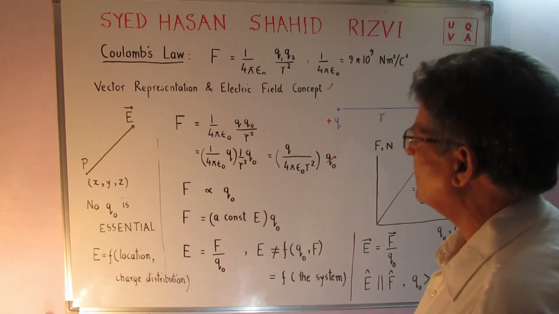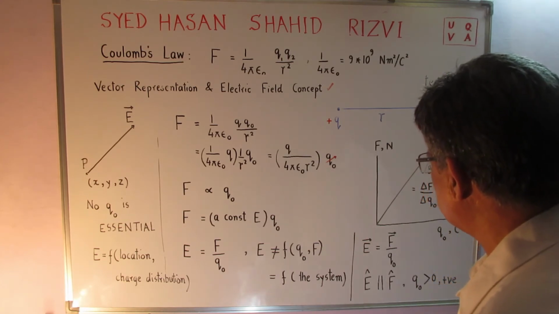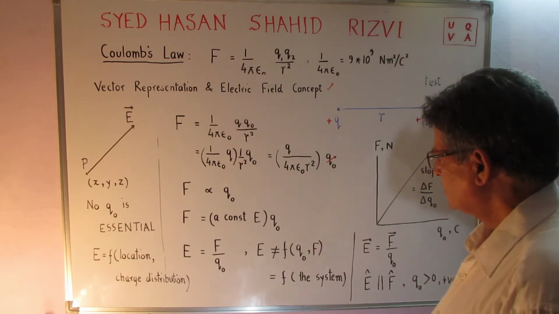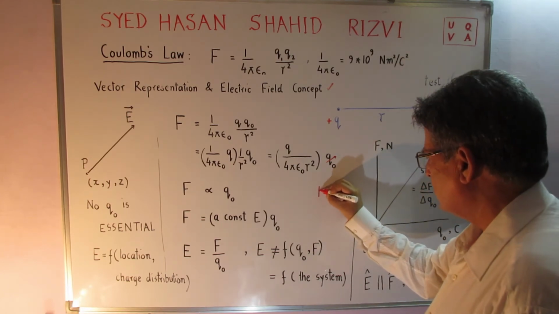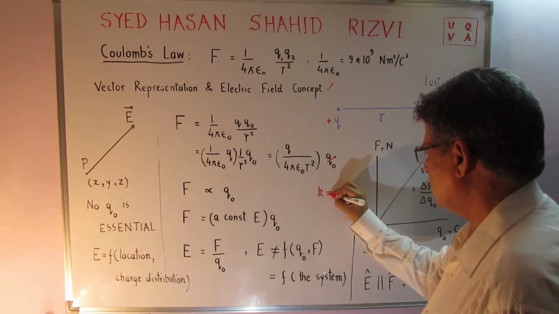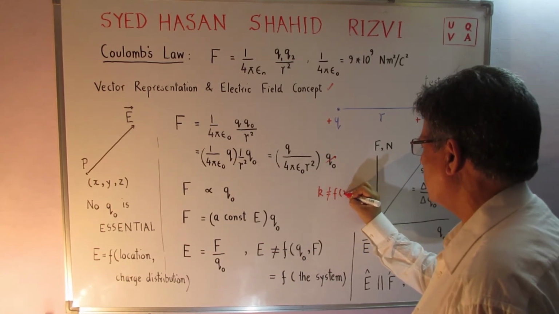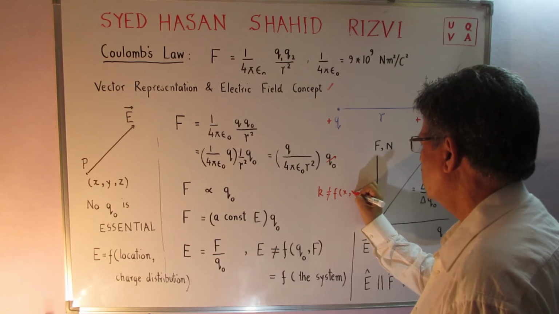And like all cases that we have discussed so far, y is proportional to x, y is equal to kx. So k is not a function of what? Is not a function of x comma y. Okay?